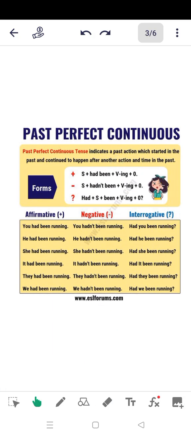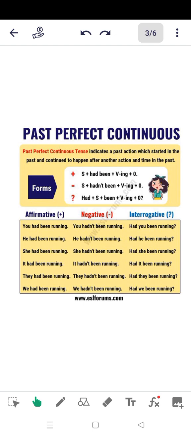Past perfect continuous. So there is a difference between past perfect simple and past perfect continuous. We said that past perfect simple is the past of the past. So what about past perfect continuous?